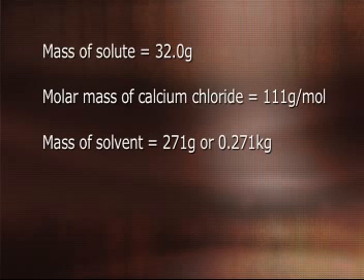We know that the molar mass of calcium chloride is 111 grams per mole. We also know that the mass of the solvent, water, is 271 grams, or 0.271 kilograms.